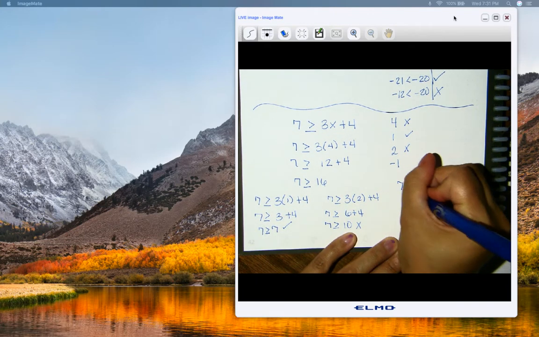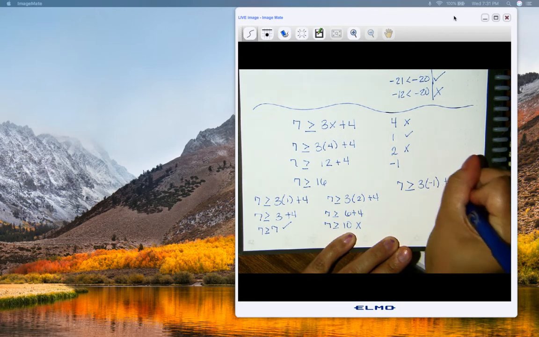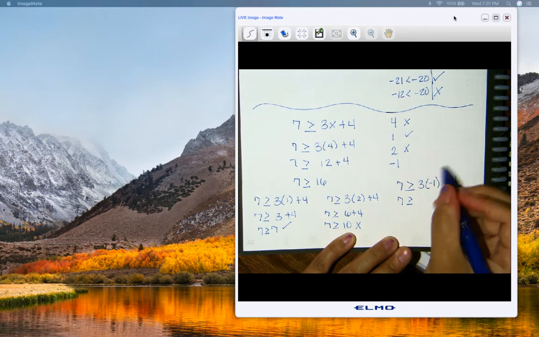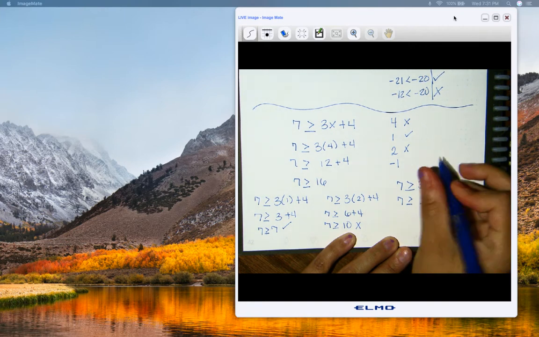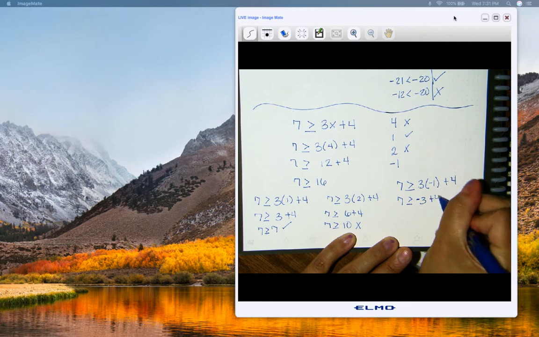7 is greater than or equal to 3 times negative 1 plus 4. 3 times negative 1 is negative 3. A positive times a negative is a negative, plus 4. Okay?